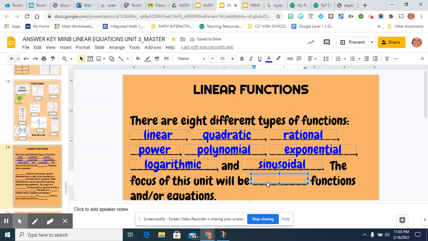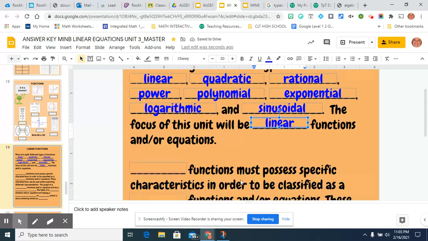So our focus is going to be on linear functions and/or equations.